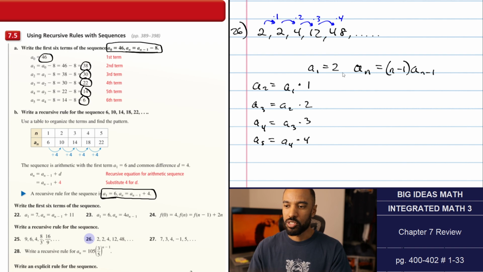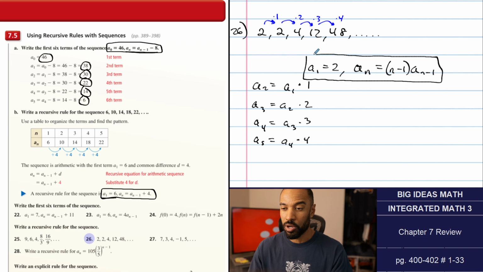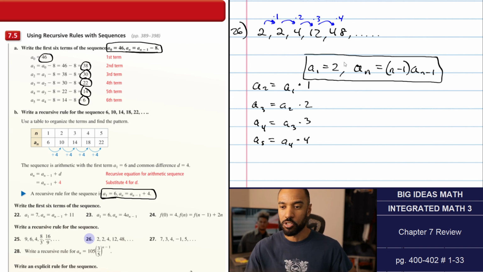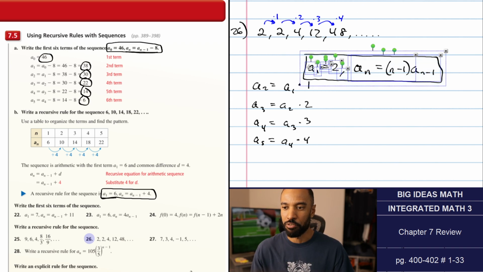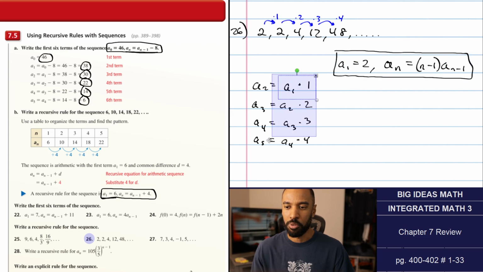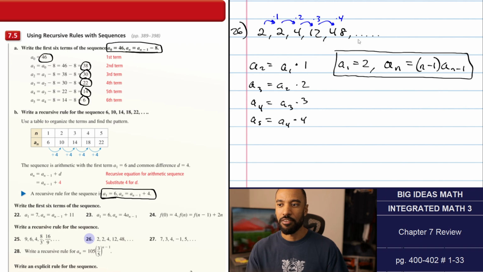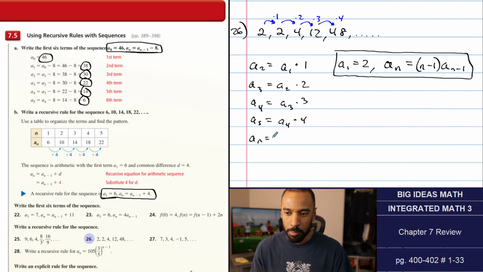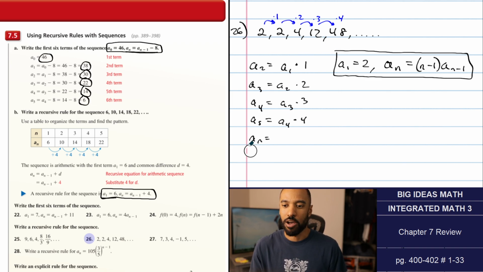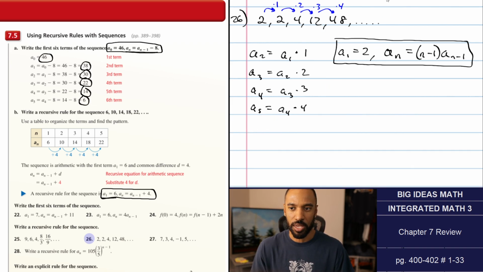Now, you don't need to establish that for the a sub 1 thing because we don't have an a sub 0. You just need to establish what your first term is given what we piece together for the rest of the rule. So that's a good way to build that up, figuring out where those numbers come into play. If I place an n into here, a sub n, well, 4 is n minus 1 and 4 is n minus 1, so it follows up in that light. And that's kind of a special case. That's what we're working out.